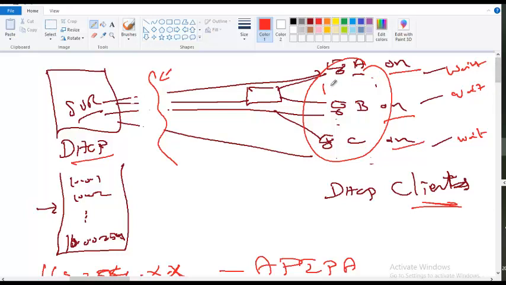this address, 169.254.1.1, 169.254.1.2, is dynamically generated by the operating system of this laptop itself.